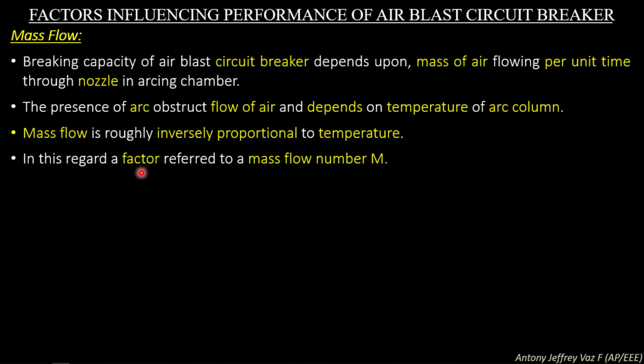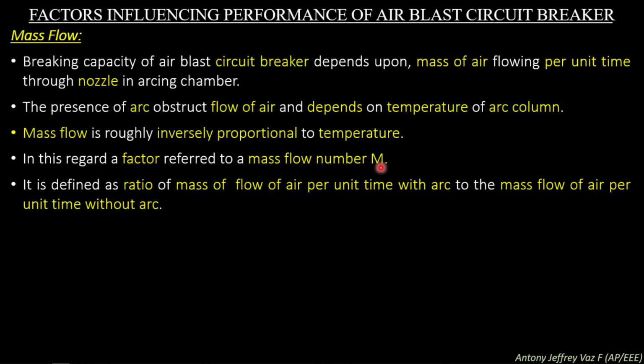In this regard, a factor represents a mass flow number m. So, the mass flow number is represented as m for air blast circuit breakers. It is defined as the ratio of mass of flow of air per unit time with arc to the mass of flow of air per unit time without arc.